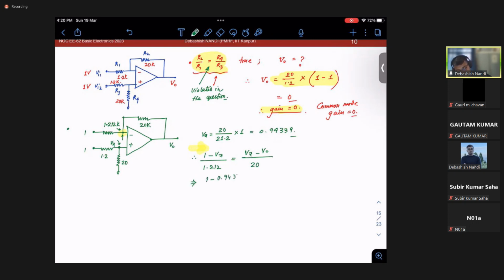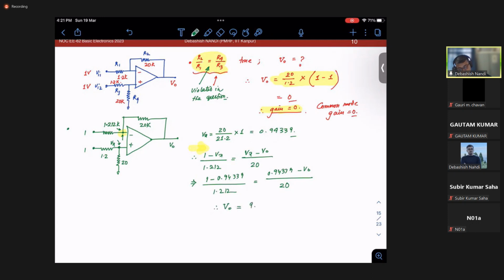So what will you get? 1 minus the answer divided by 1.212 into 20, you will get your V naught to be 9.334 into 10 raised to minus 3. Right? What was your input?